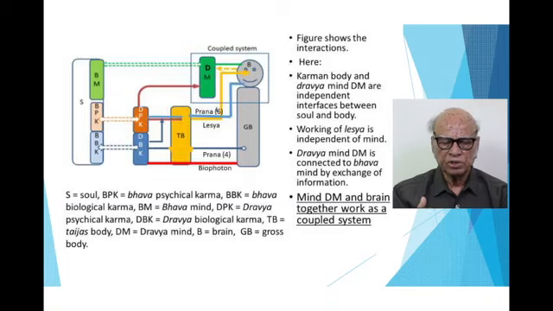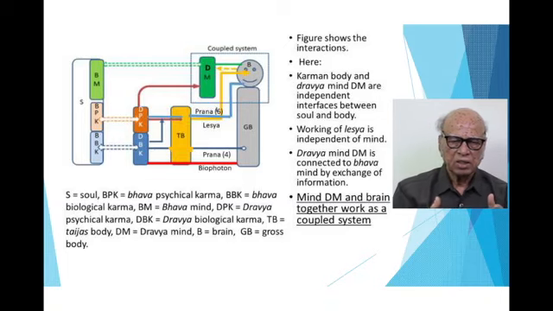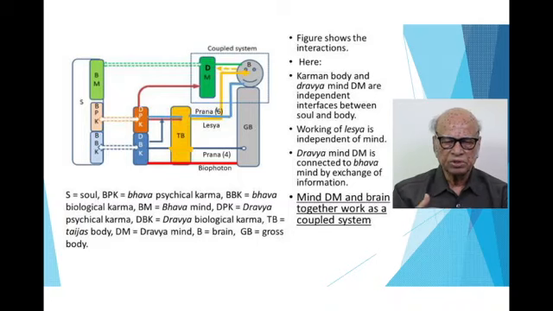Just like the karman body is associated with the soul because of continuous exchange of information, the same way the dravya mind is associated with the bhav mind because of continuous exchange of information between them.